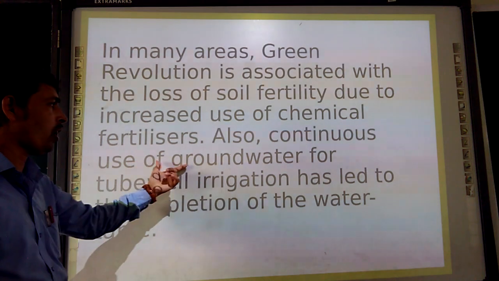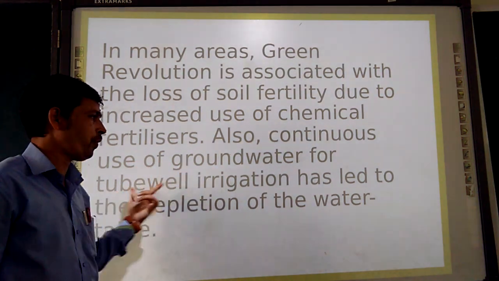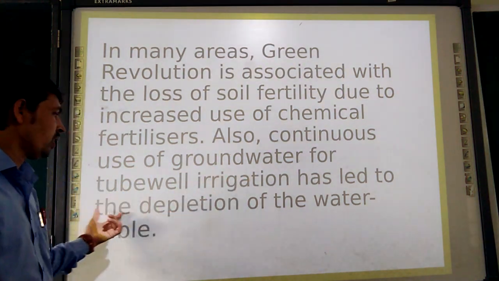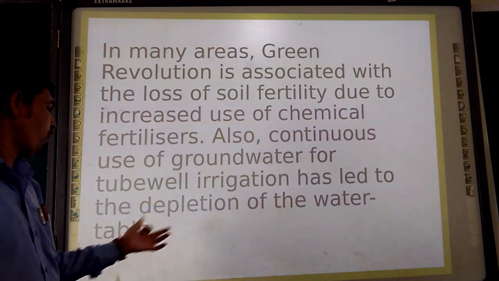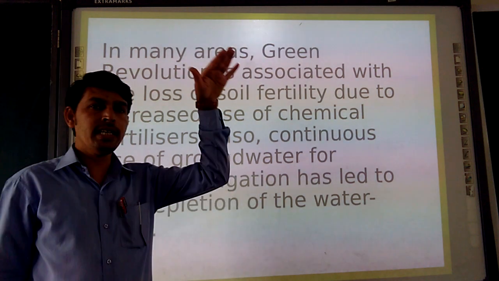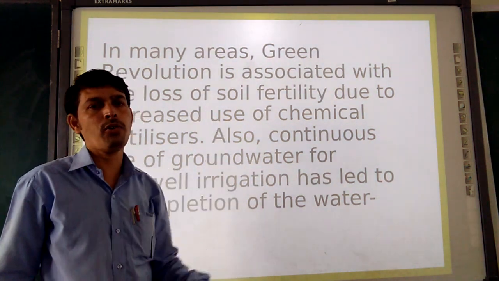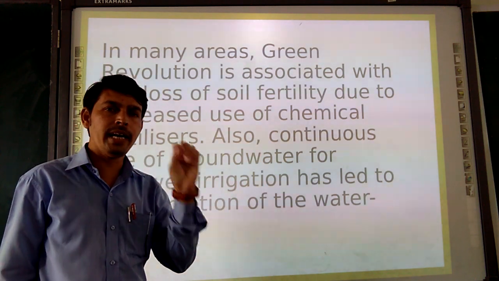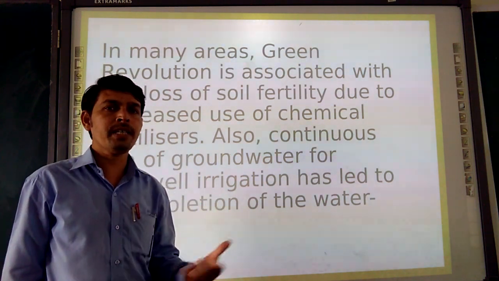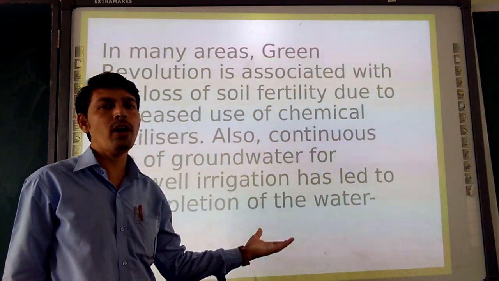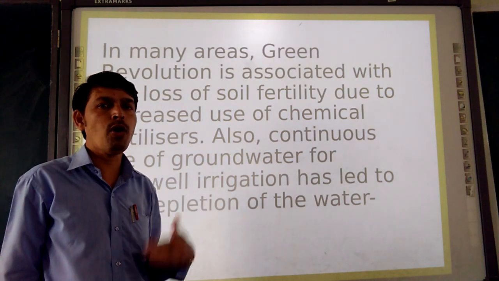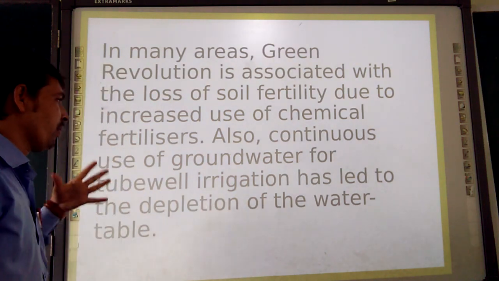Also, continuous use of groundwater for tube well irrigation led to the depletion of the water table. So there is a decrease in the groundwater level, because if we adopt modern farming methods, we require plenty of water and irrigation facilities.